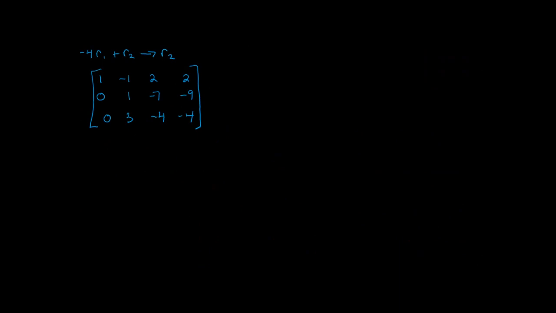So we've got that first column now to be exactly what we wanted. So once you get that first column, then you move on to working with the second column.